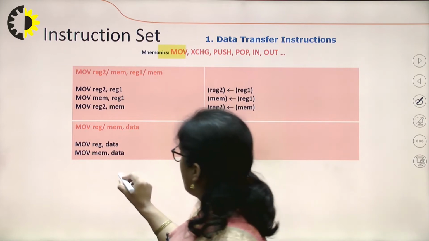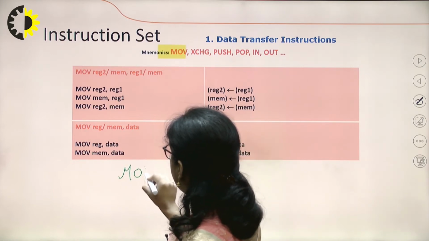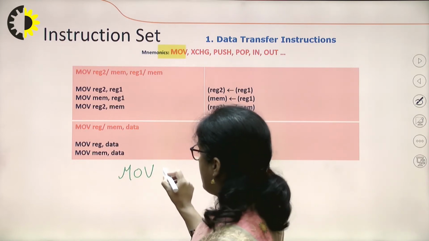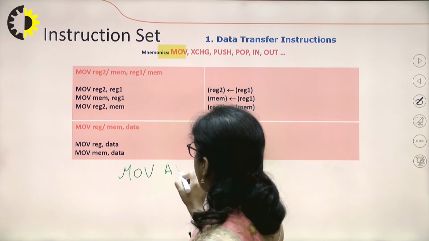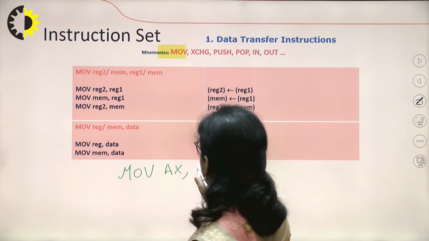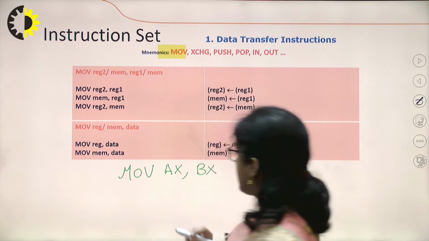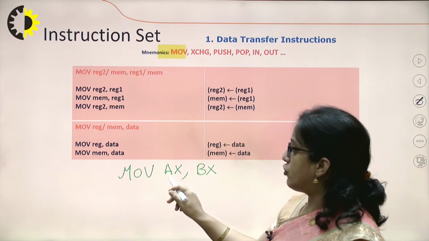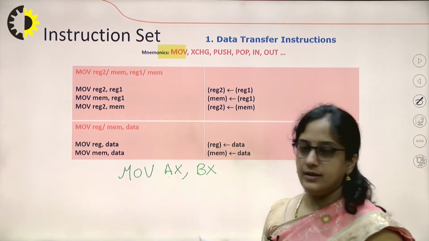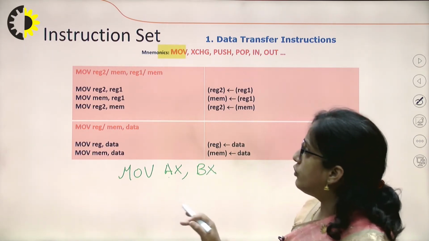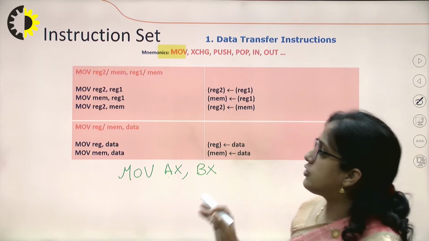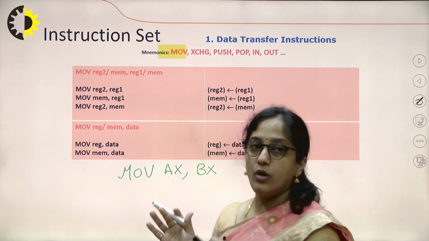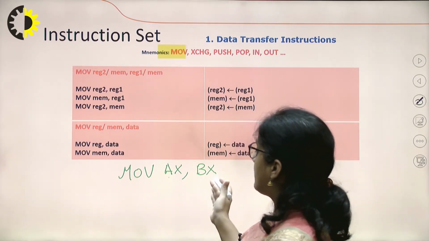If we are writing MOV, then we specify the destination first, like I am specifying here AX, comma BX, the source register. So the content of BX register will be stored in AX register. MOV is the instruction used to copy the content from one register to another.